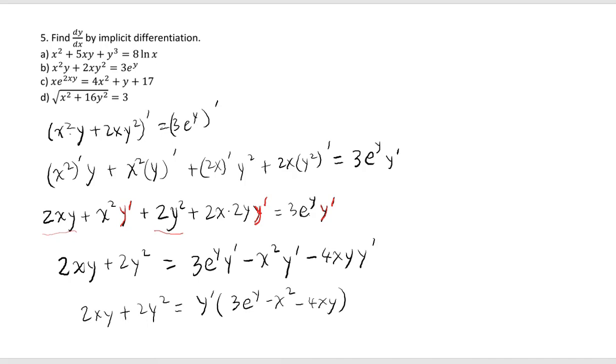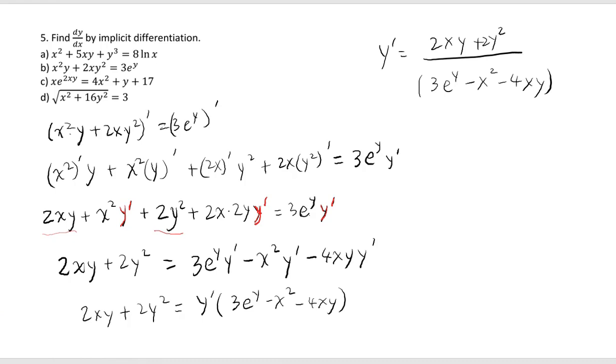And then you divide to the other side, and we have y prime equal to 2xy plus 2y squared on the top, whereas on the bottom we have 3e to the y minus x squared minus 4xy.